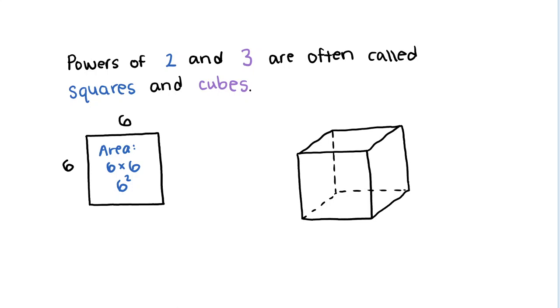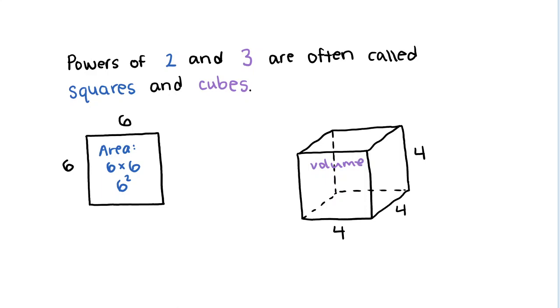And similarly, for cubes, we can view numbers raised to the power 3 as the space inside of a cube, or its volume. Right? Let me give you a concrete example. Let's say I've got this cube here with a side length of 4. So all the other side lengths are 4 as well. And the space inside of this cube is called the volume.